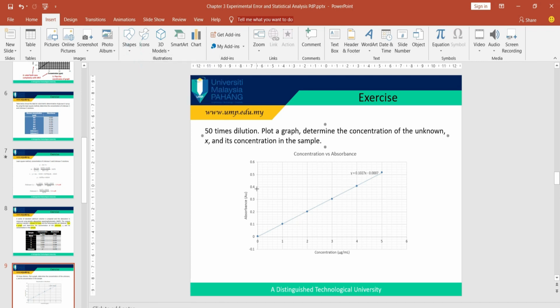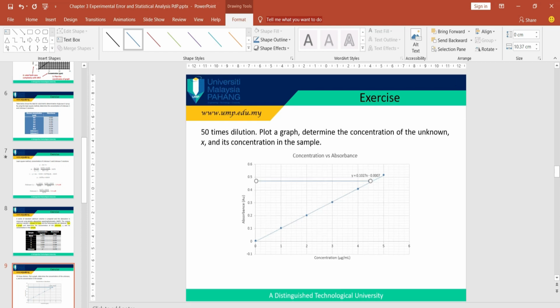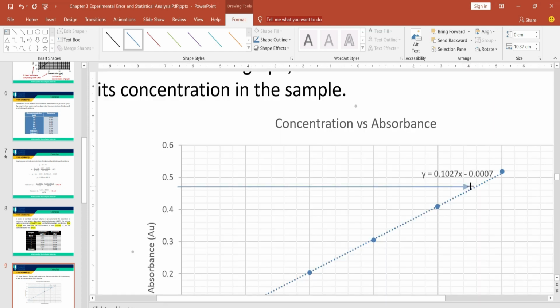you can use this arrow. We have 0.4 to 0.5, and there are 5 scales here. Each scale is 0.02, so it is a bit below the 0.48 here. So insert your arrow, pointing from the y-axis straight across to the straight line.